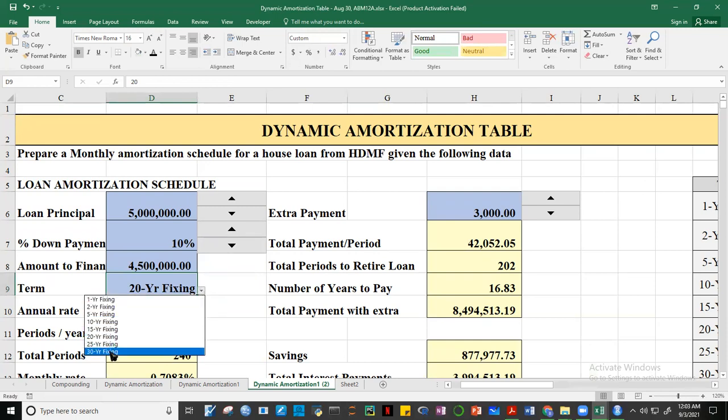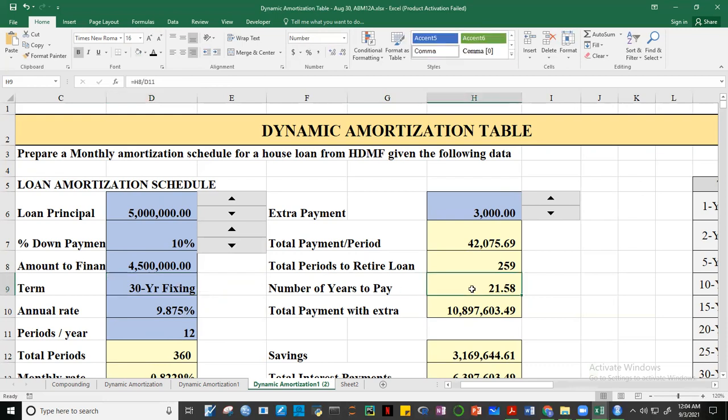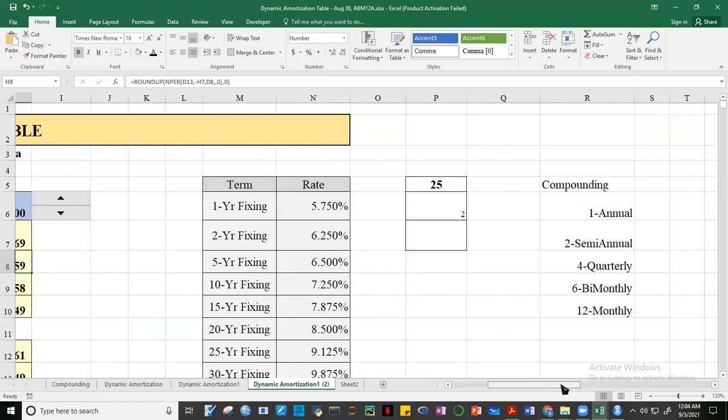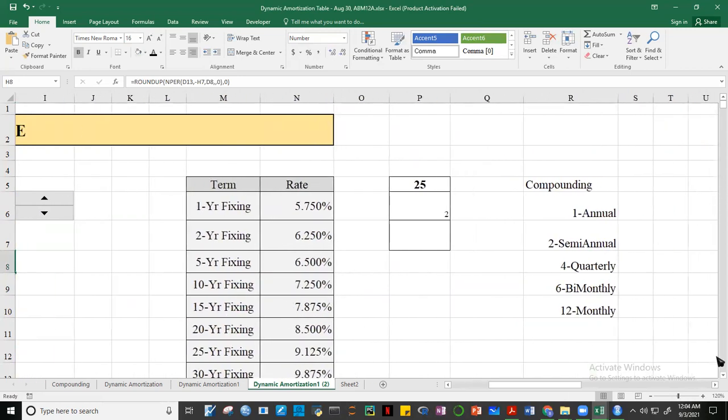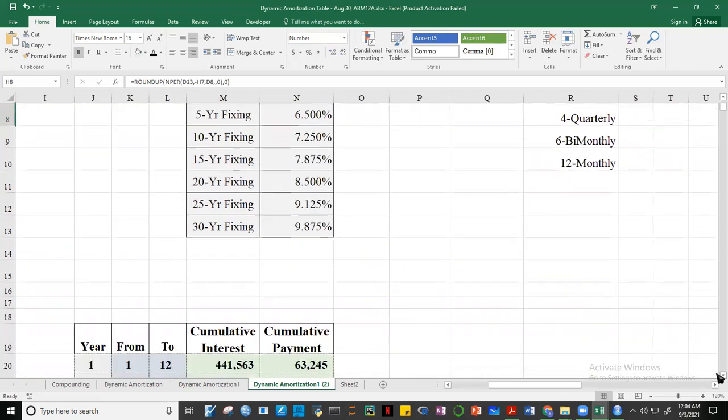So up to 30 years yung payment. Tapos sabihin natin meron tayong extra payment. So yung 30 years natin, nagiging 21.58 years lang, or nagiging 259 months. So what will now happen is that ang mag-a-appear lang dito sa cumulative natin, ito.